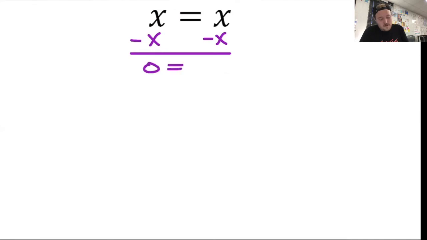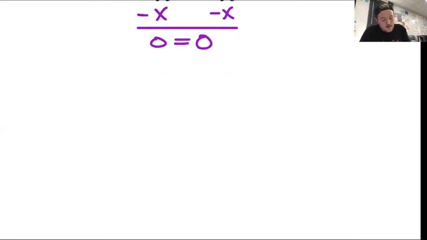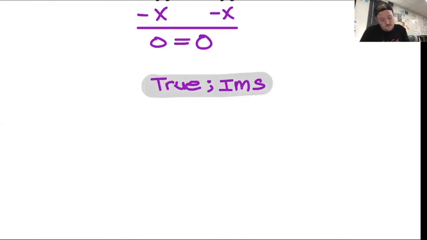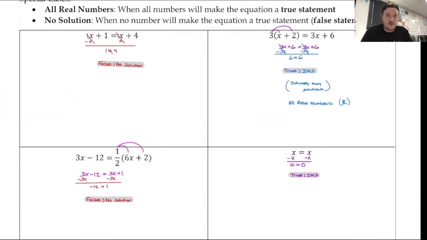So you're going to have 0 equals 0. Kind of looks like a face. It's fine. So because we have 0 equals 0, 0 does equal 0. So that means this is true. And this is IMS. So actually the simplest of them all actually turns out to be one of the most challenging of them all.